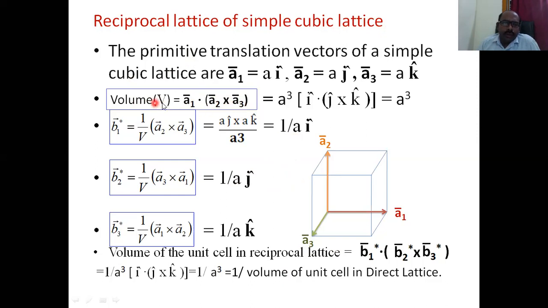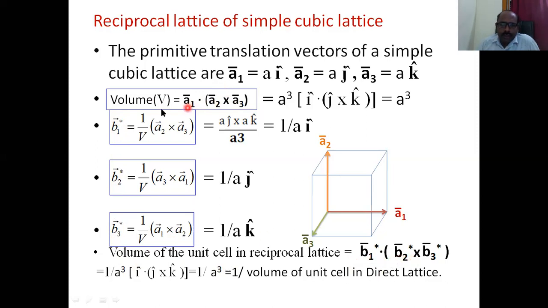It is the volume of the unit cell in direct lattice, since these base vectors correspond to the direct lattice. Now these base vectors correspond to the reciprocal lattice. So now we see the volume of the unit cell in reciprocal lattice. That is defined by this equation.